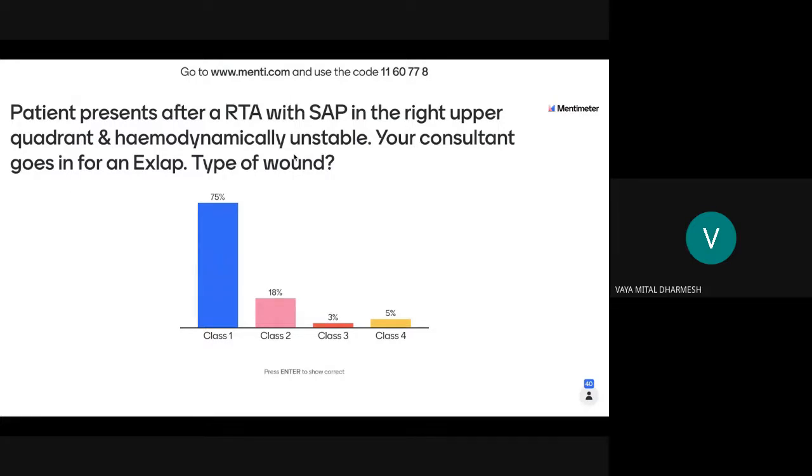Okay, so which one did you choose? Did you choose class 1, 2, 3, or 4? Class 1. So why did you choose class 1? I think because it's an XLAP.